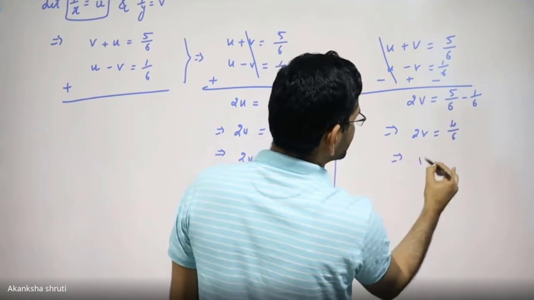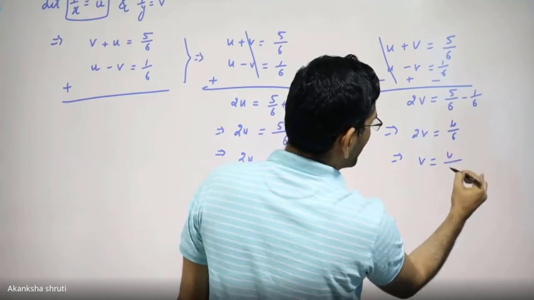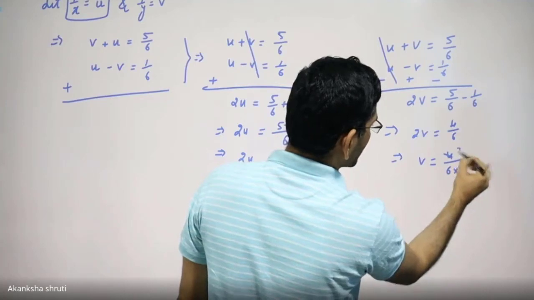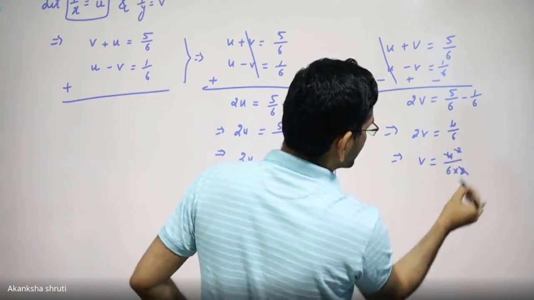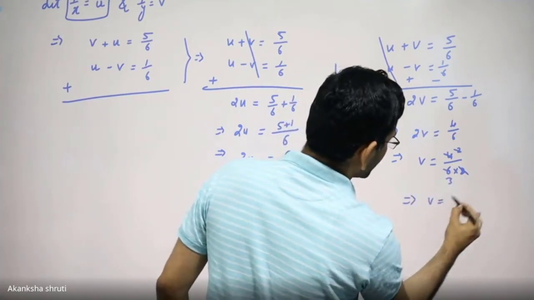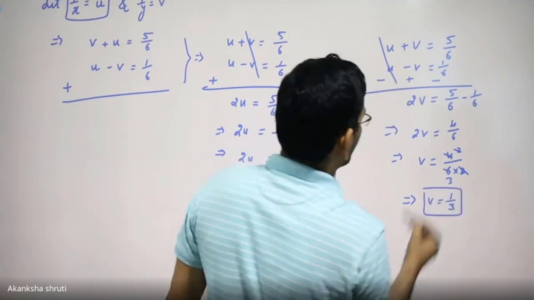This implies v is 4 by 6 into 2. This 2 will come in the denominator. It will get cancelled, and this will also get cancelled 3 times. So v is 1 by 3.